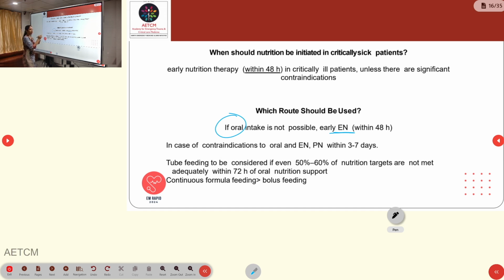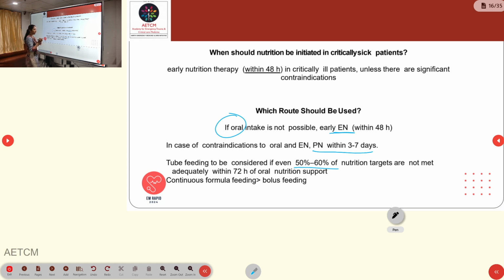If there are any contraindications to oral or enteral feed, or if you are not able to feed the patient for the next 3 to 7 days, then we will have to start parenteral nutrition. Tube feeding can be considered along with oral feeding if the patient is not taking adequate diet, if the patient is not taking 50 to 60% of the required amount.